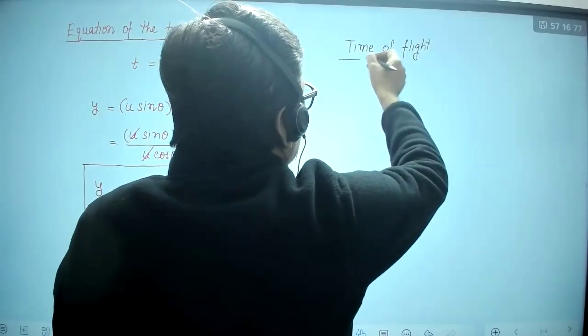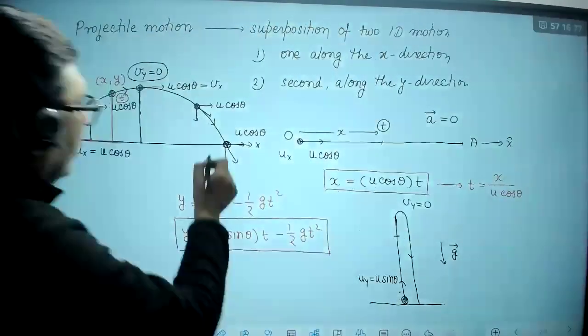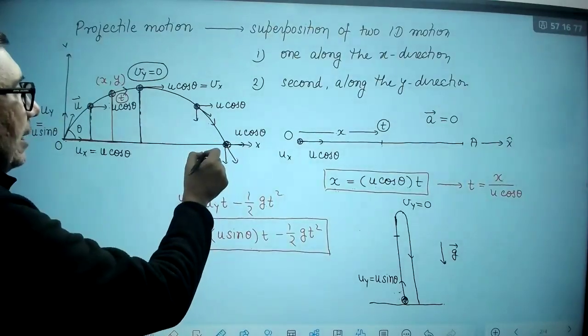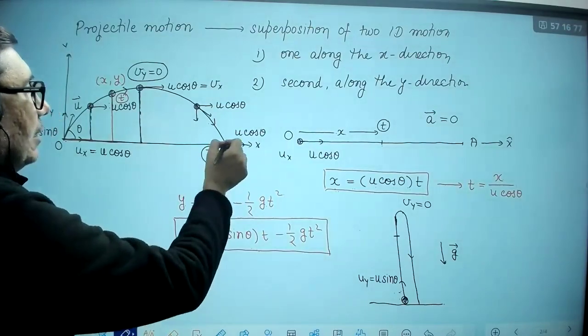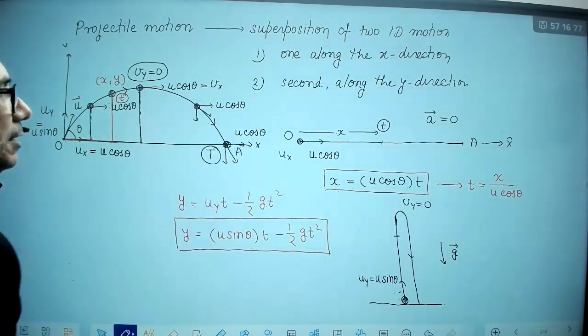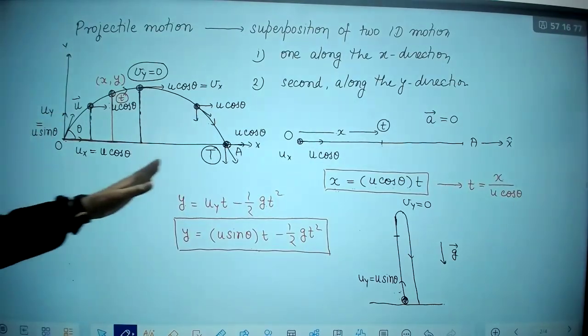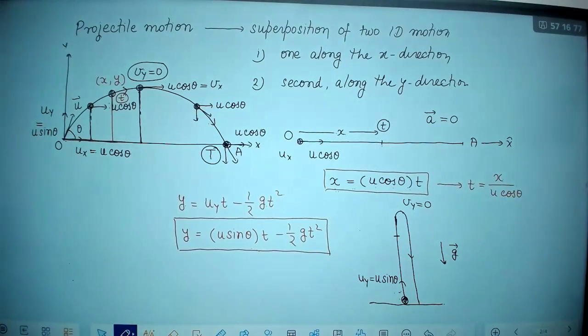Suppose this particle is hitting back at this point A at time capital T. So for capital T time, it is traveling.